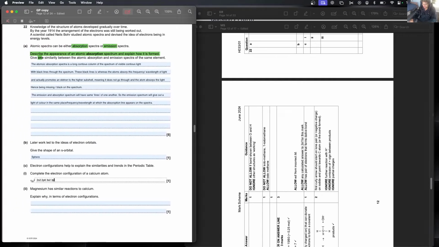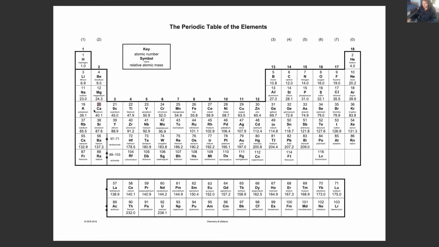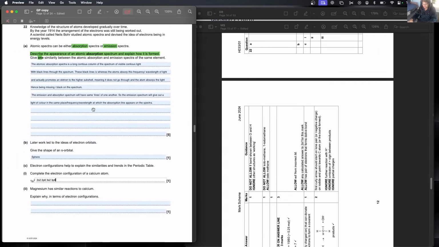P6 to 4s2. 2, 8, 10, 6. Yeah, that adds up to 20. So it must be right. And then you have to double check with these questions that it says atom and not ion or this.